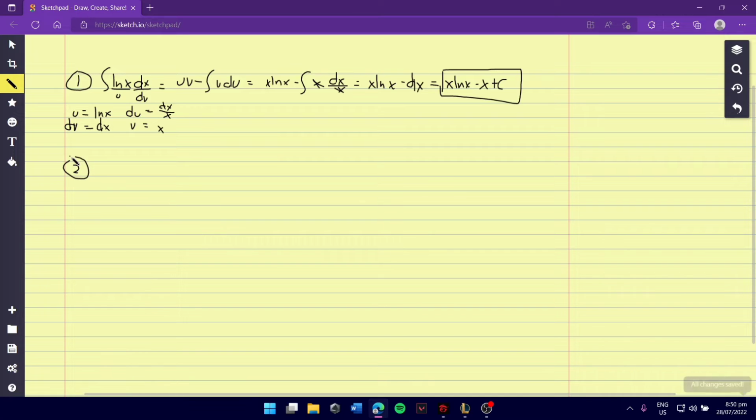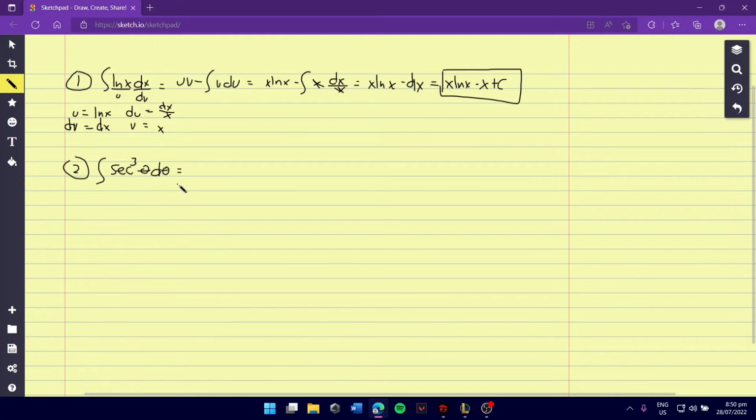So let's proceed to example number 2. For example number 2, we have the integral of secant cubed theta d theta.